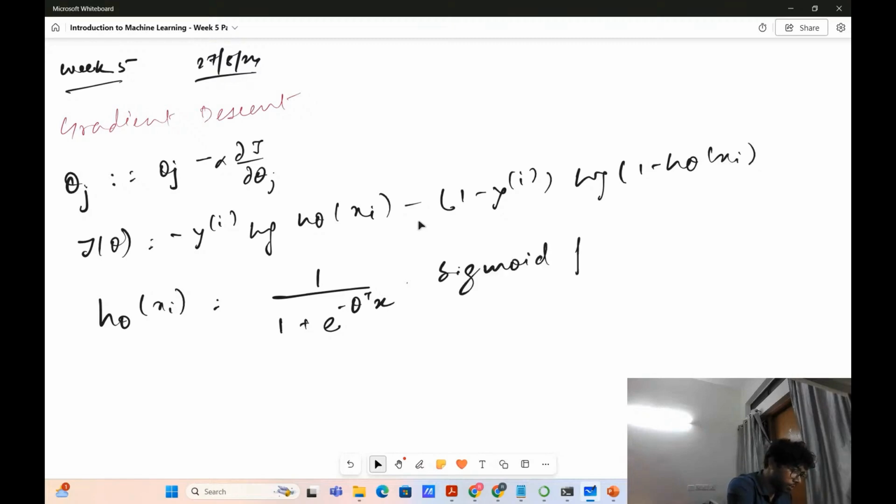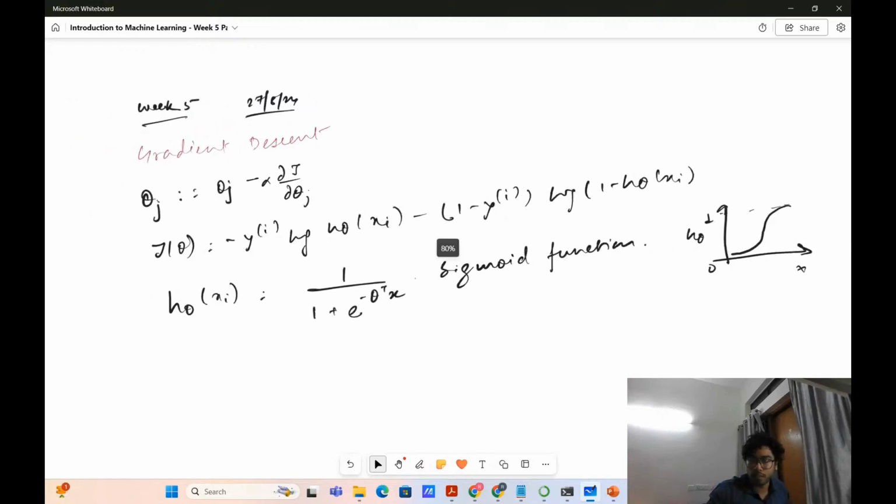This is called the sigmoid function, which has that S kind of shape, and it has values between 0 and 1. So this is h theta with respect to x.